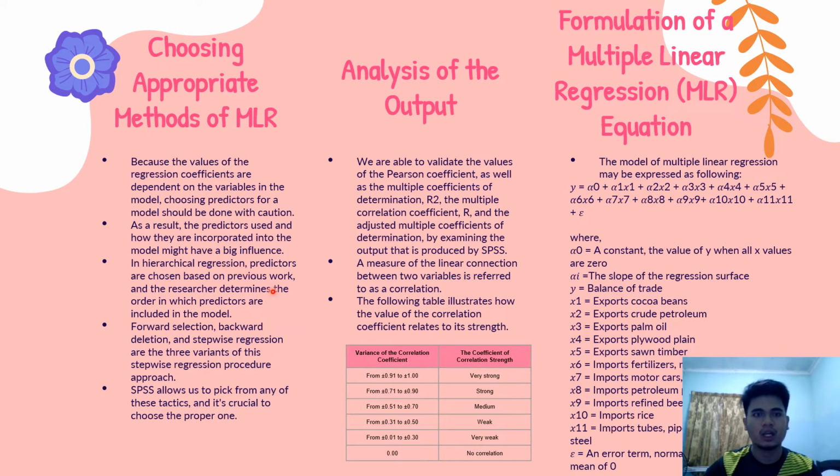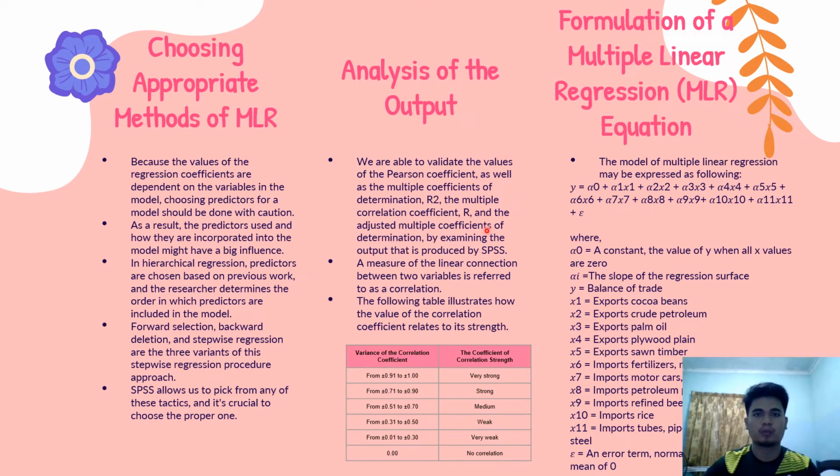In hierarchical regression, predictors are chosen based on previous work, and the researcher determines the order in which predictors are included in the model. Forward selection, backward deletion, and stepwise regression are three variants of the stepwise regression procedure. SPSS allows us to pick from any of these tactics and use discretion to choose the proper one.